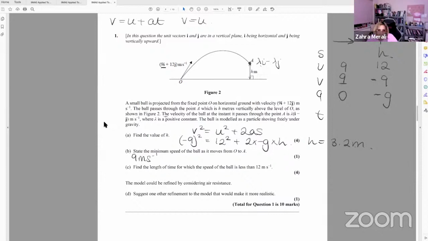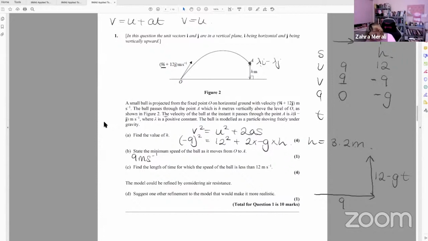Find the length of time for which the speed of the ball is less than 12. Okay. So we're thinking about v in both cases. Horizontally, remember the v never changes, it's just 9. Vertically, however, v equals u plus at, u is 12, a is minus g, so 12 minus gt.